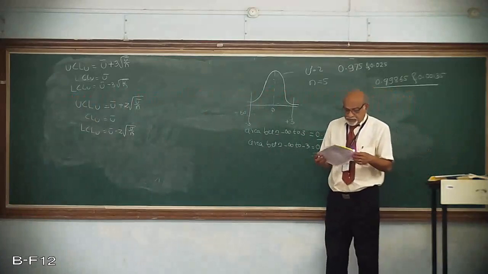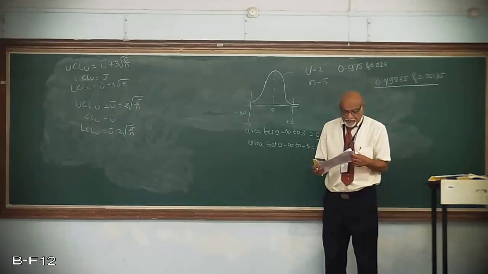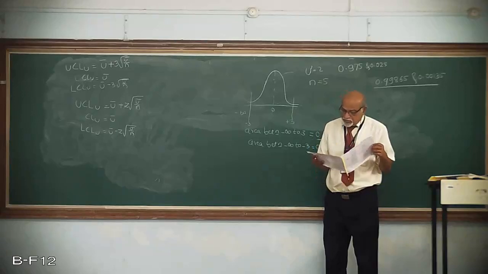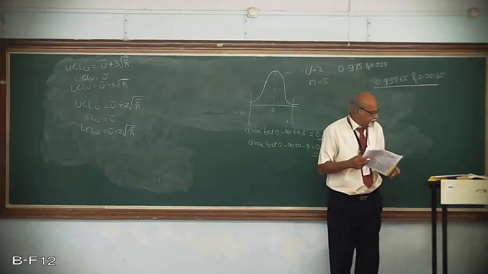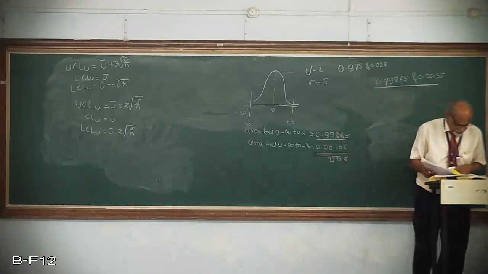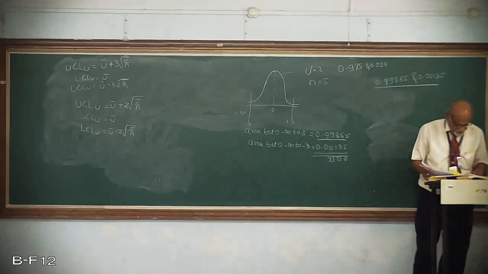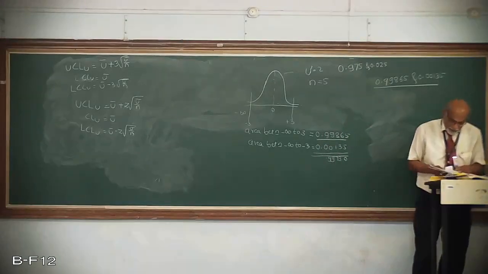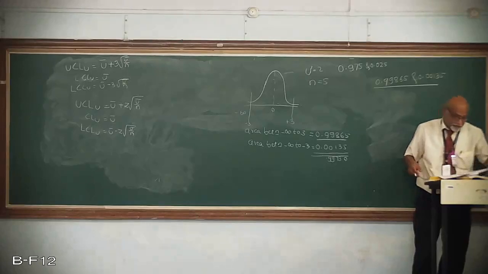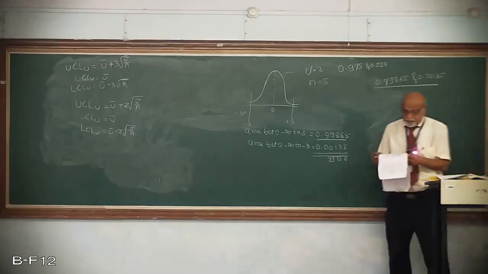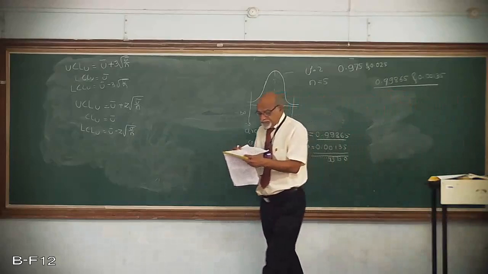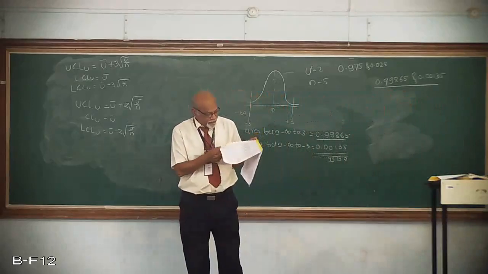Okay. So if we refer to the table, this area varies because it starts from minus 3.5 to plus 3.5.